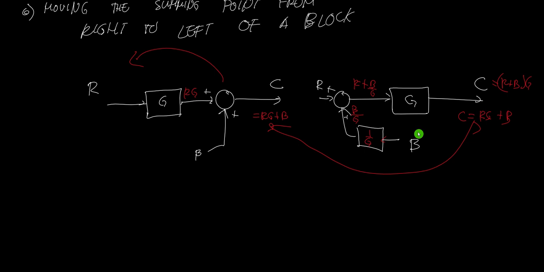So you can just manipulate them if you want, as long as the output and input are still the same. You can even switch between two summing points if you want, moving the right summing point to the left of the other. Even a takeoff point, you can move it around a summing point, but you need to apply more calculation and more analysis to do that.